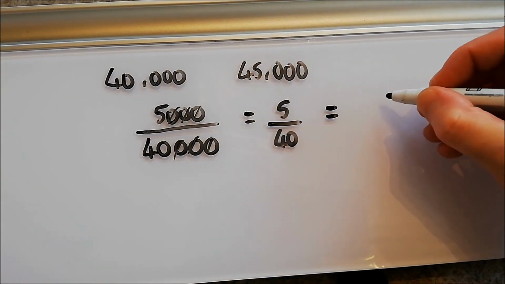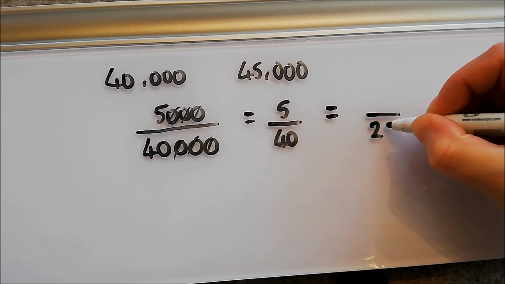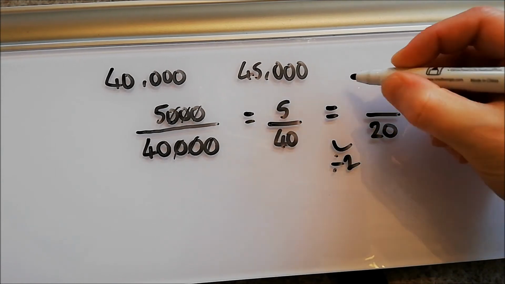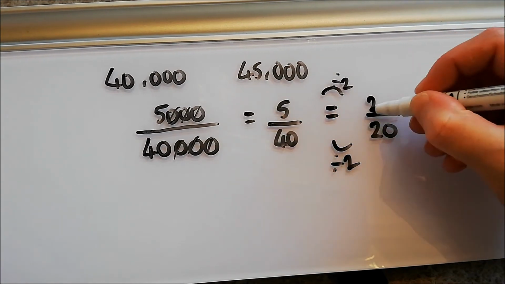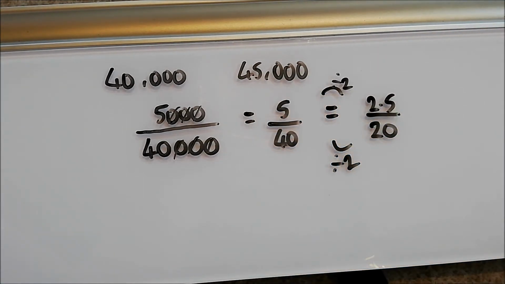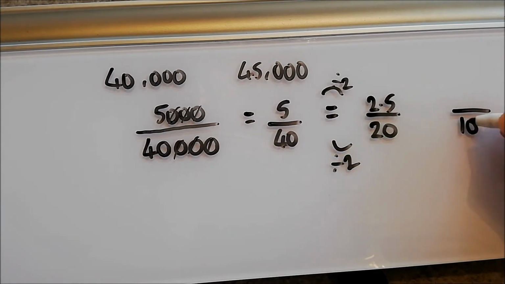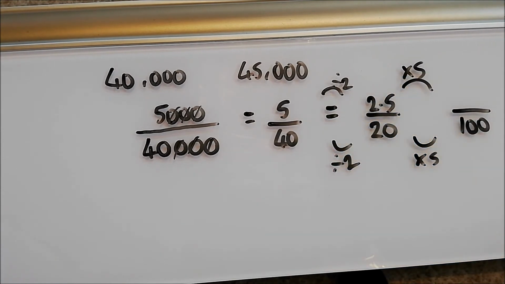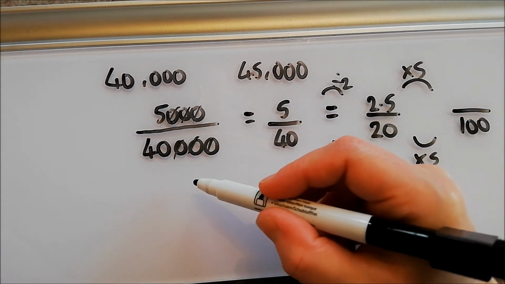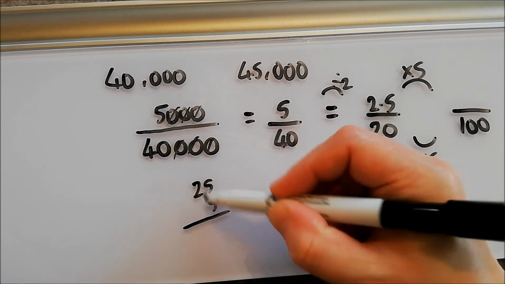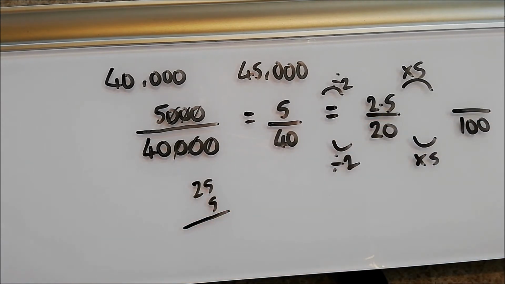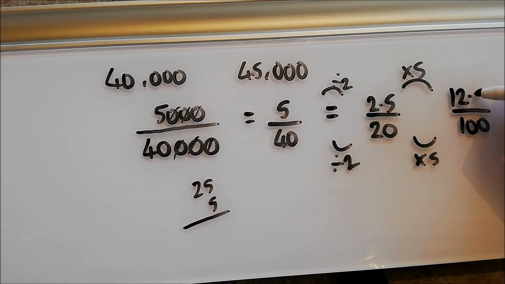So if I halve each of those, I get 2.5 out of 20. And 20 does fit into 100 5 times. So I can now multiply 2.5 by 5. If you needed to do that longhand off to one side, like 25 times 5 and then put the decimal point in, then you could do that. But I know it's 12.5, so I'm just going to put 12.5 on top there.